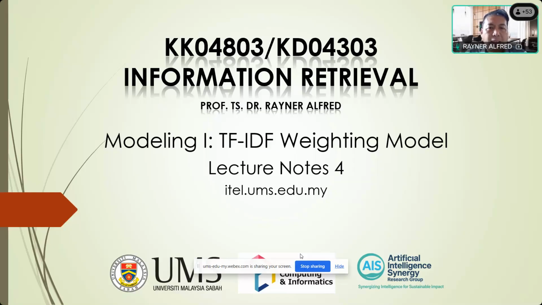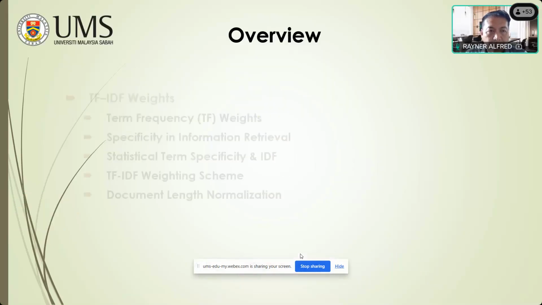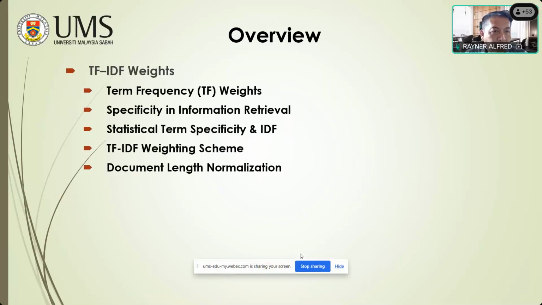So this is basically a continuation slide from the previous one. So today we will cover two parts. The first part is called TF-IDF. So we will look into term frequency, inverse document frequency, and what is the combination of this TF-IDF? How do we normalize the document?